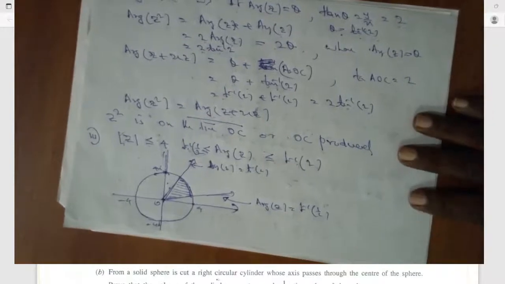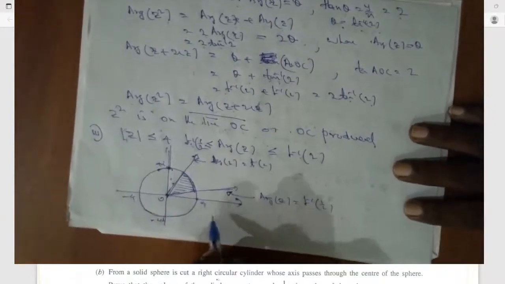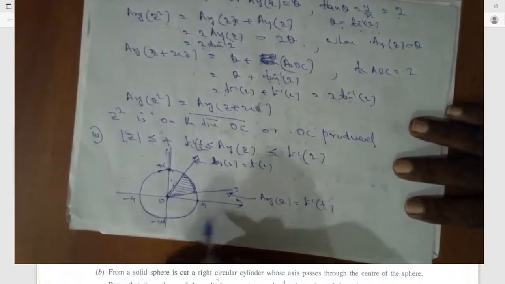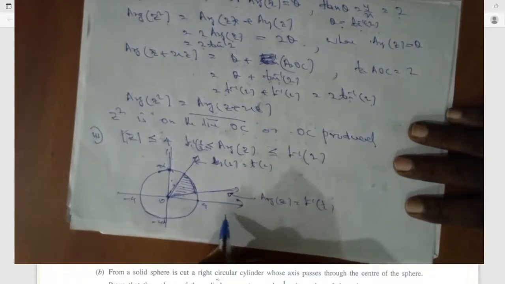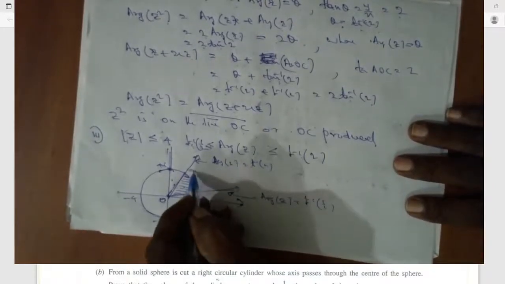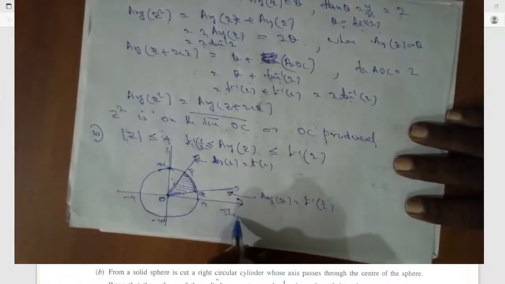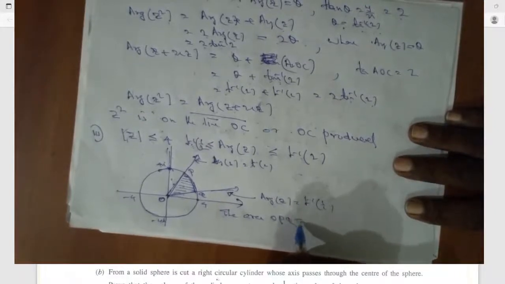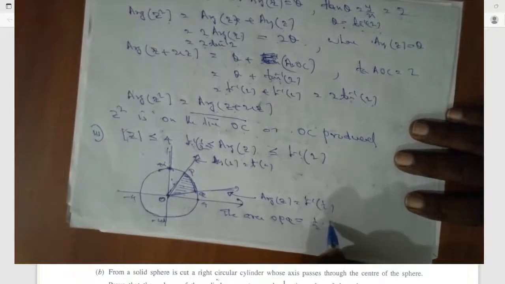Now you have to calculate the area. How do you calculate the area of this region? If you take OPQ, the area is half r squared theta. Half r squared is half of 4 squared.